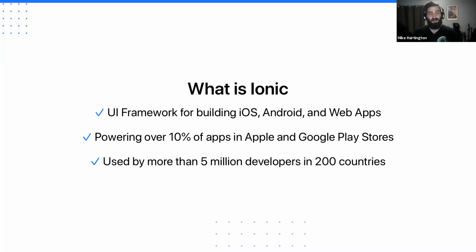Can't really give you the exact numbers, but what we know is that over 10% of the apps inside of the iOS App Store are using Ionic, and on Google Play the stats are close to about 20%. If we do some fake math and try to average that out all together, about 10% or so between the entire app stores, both iOS and Google Play, are Ionic apps.